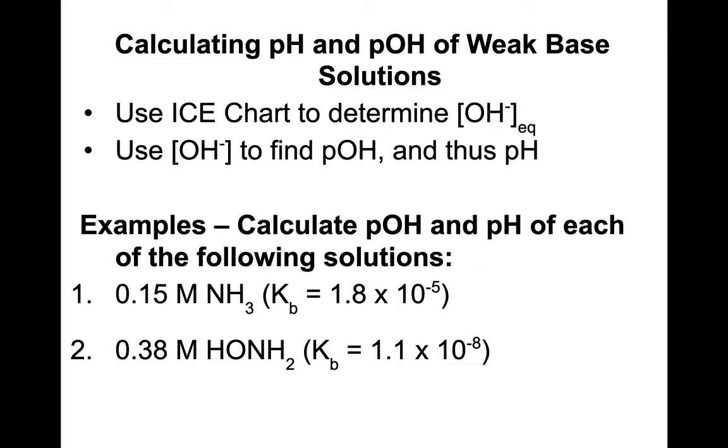So there are two examples down here for you to try. You can pause here and try to do them from memory. We're given the starting concentration of some bases as well as the base dissociation constant. So you can pause and try. I'm going to put the answers up for both of these examples in a second, and then I'll walk through the first one.